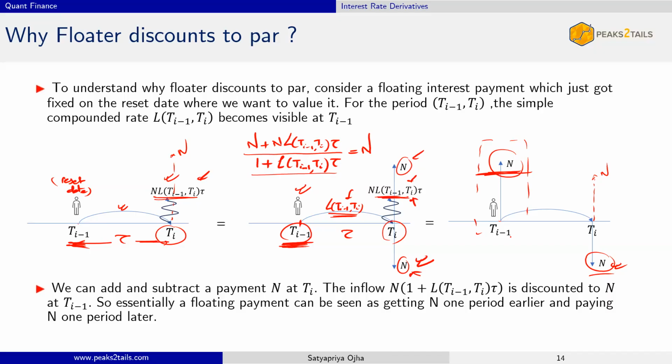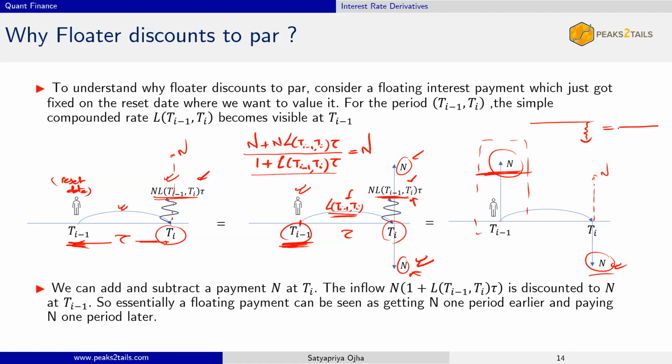Okay, let's do a full treatment. I don't want to confuse you with the second argument. Please, just for now, remember that a simple floating coupon payment can be seen as a notional inflow and an outflow, like this. If I had a floating coupon outflow, how would I do this?